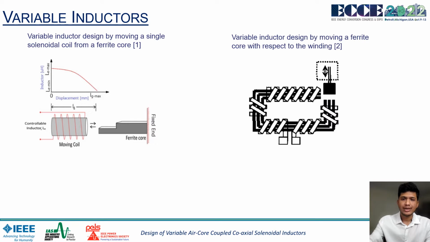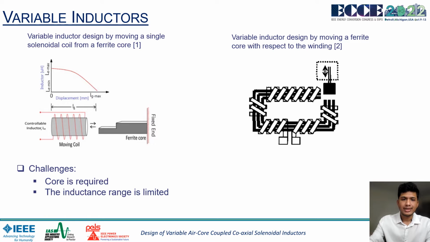In another publication, instead of the coil, the ferrite core is moved to vary the inductance. One of the major challenges of this kind of design is that it requires a core, the movement has to be physical, and the inductance range is very limited.